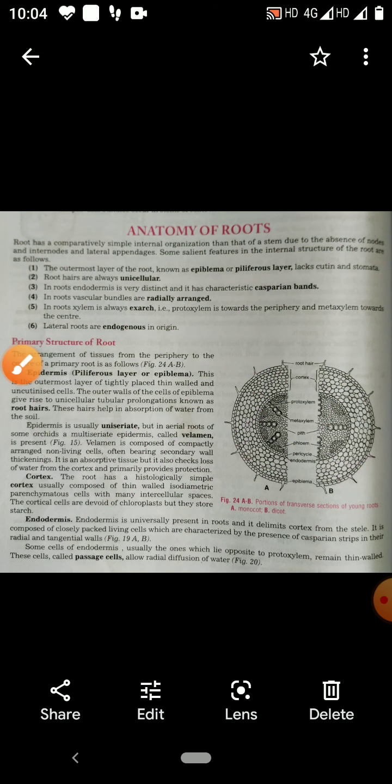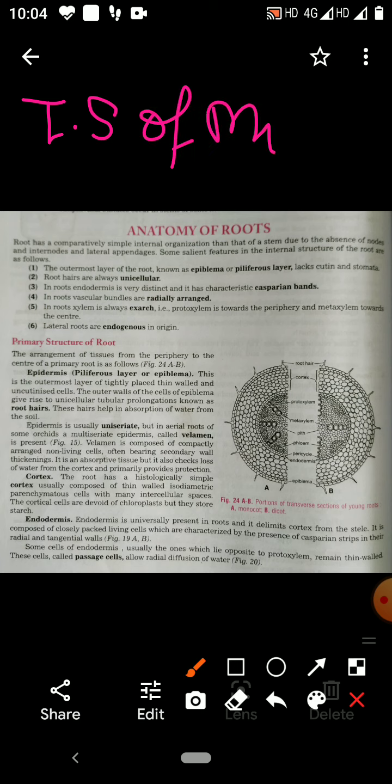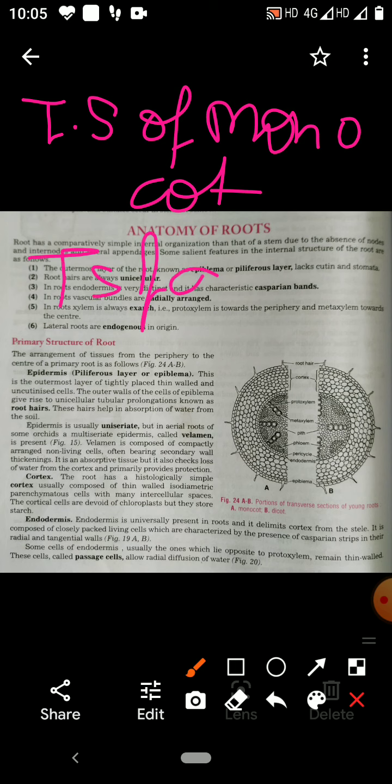So these are the different layers visible in the internal structure of root. You have to study the internal structure, that means TS of monocot and TS of dicot root.